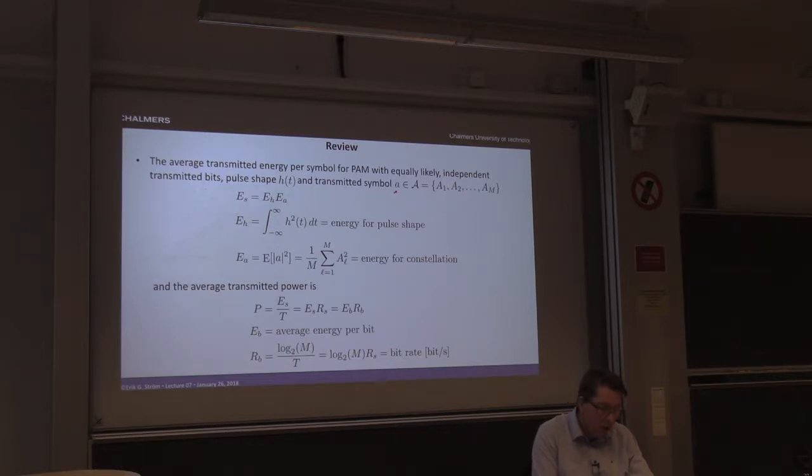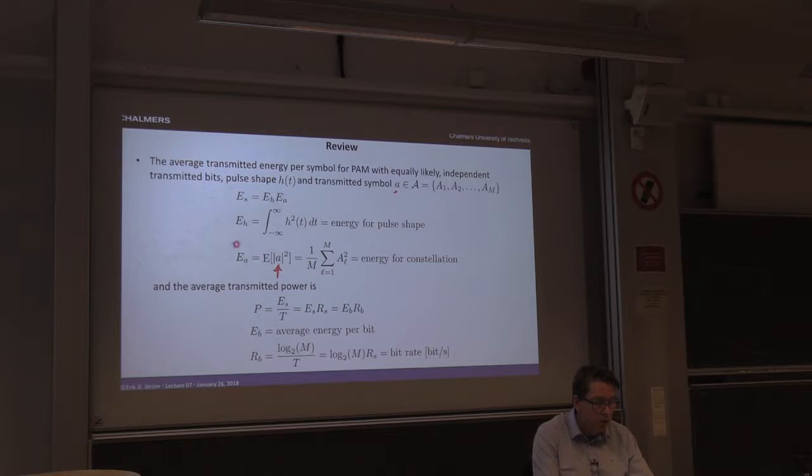And the assumption here is that A is a random variable that takes on values inside this set with equal probability. That comes from the assumption that the bits that we transmit are equally likely and also independent of each other.